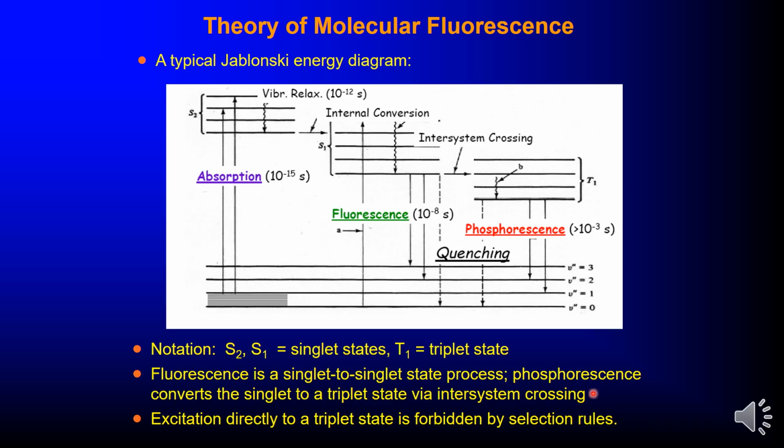Excitation directly to a triplet state is forbidden by selection rules. Selection rules always forbid a change from singlet to triplet state.